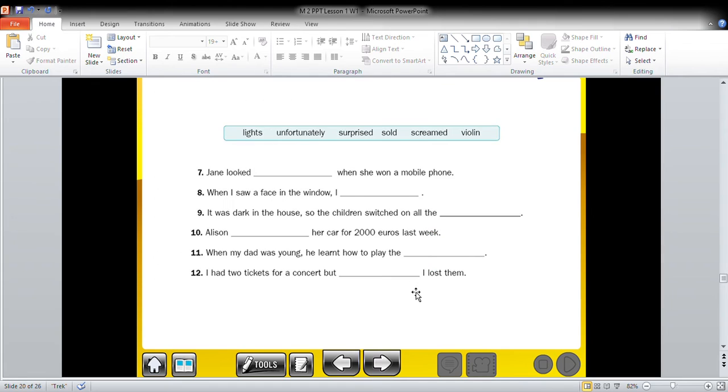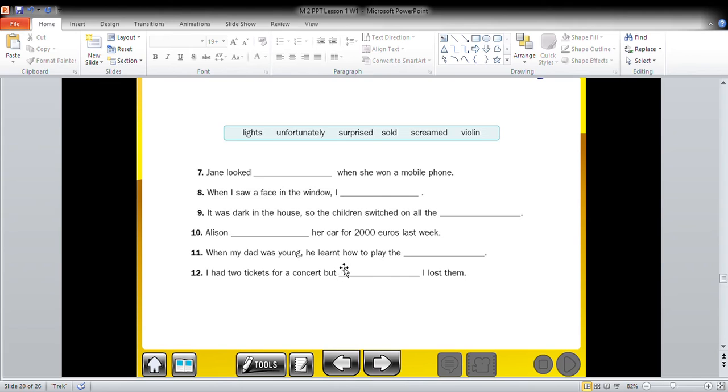Next, letter B or number 7. Jane looked blank when she won a mobile phone. What will be the answer? When I saw a face in the window, I blanked. Number 9. It was dark in the house, so the children switched on the blank. Allison blanked her car for 2,000 euros last week.